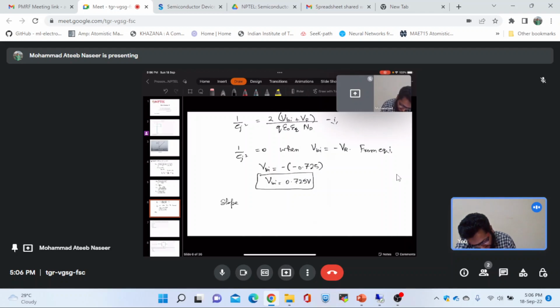If I see from this equation, the slope is simply this factor. Slope is simply 2 divided by q times epsilon naught epsilon r Nd. This is the slope for the graph. Or we can write Nd is equal to 2 over q epsilon naught epsilon r times the slope.